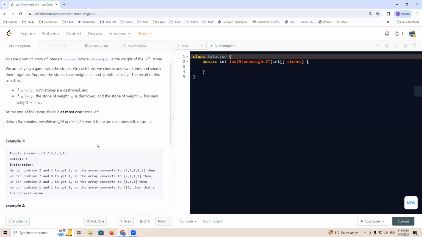But we can think outside the box. Instead of merging every stone one by one, we want the final result to be minimized.